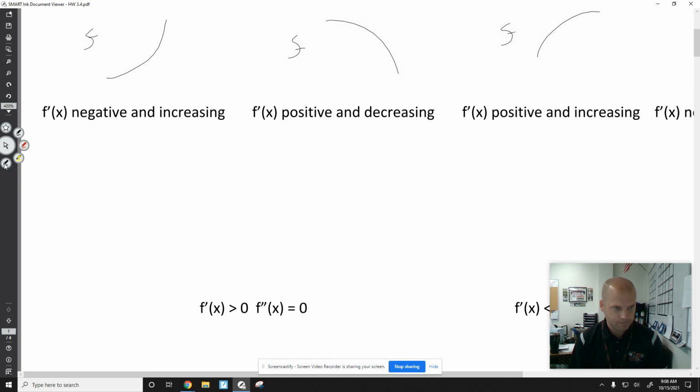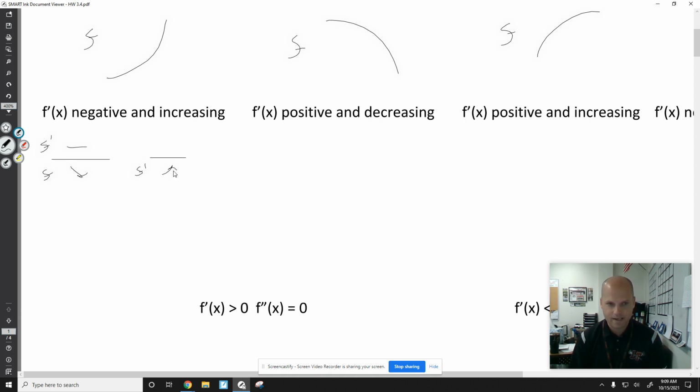Ready? Watch this. This is when it gets a little bit tricky. We'll start with f prime being negative. That means f is decreasing. f prime is increasing. I'm going to go over here to another number line and say f prime is increasing.